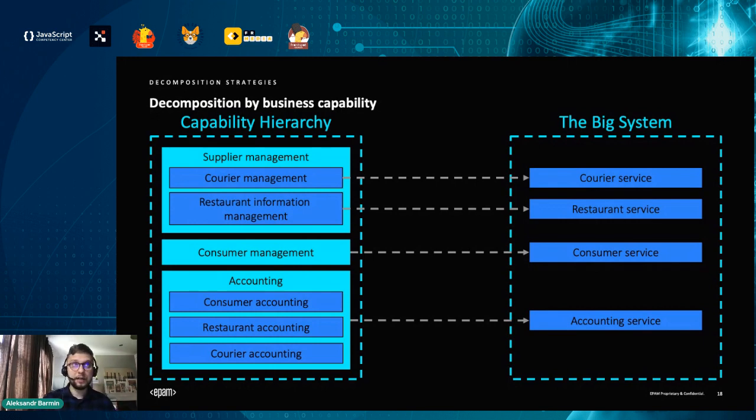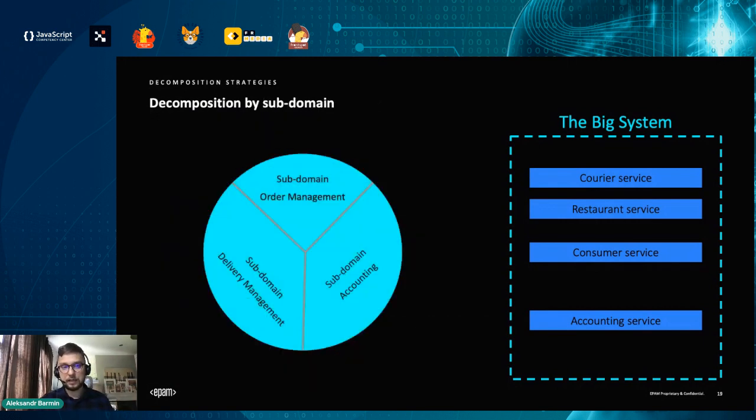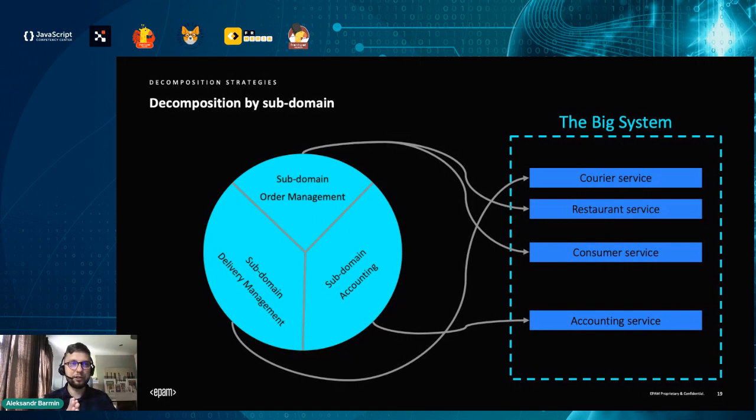This is one approach. And the second approach, which is also a good way of doing it, is domain-driven design. In domain-driven design, our subject area is split into subdomains. For example, like here, we can have a separate subdomain responsible for accounting, a separate subdomain responsible for delivery management, and so on.